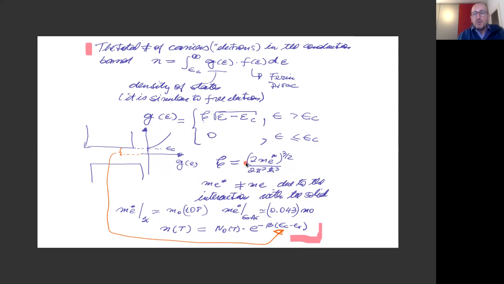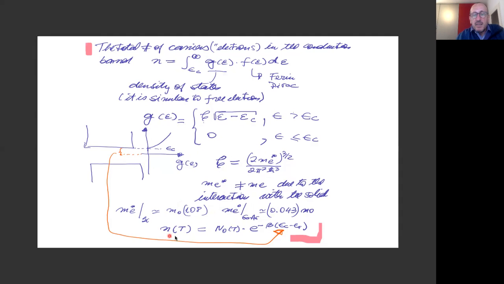I just want you to know that it exists. The effective mass inside the solid is different than the mass of the electron. In silicon, the effective mass is almost 1.08 times the free electron mass. In gallium arsenide, it's much smaller. So this constant in the front is changed when you do the integral, but those details don't really matter.